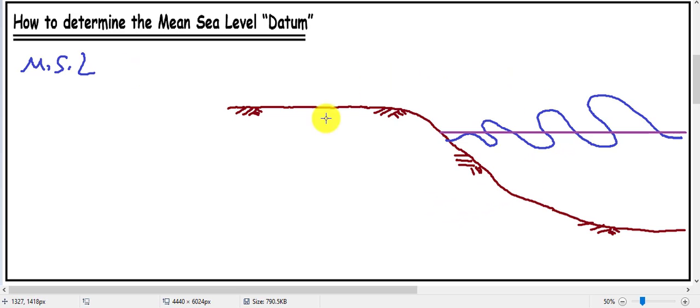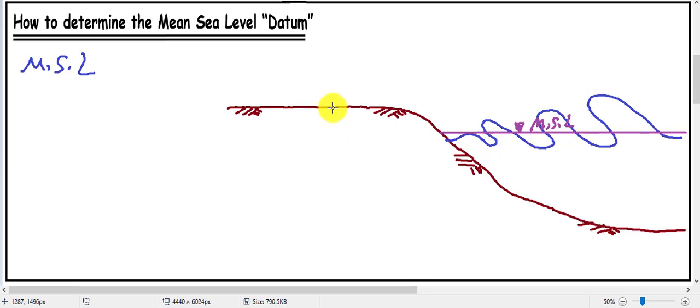For example, this is the Alexandria harbor and this is the sea level. We want to measure the mean sea level. This surface is the mean sea level. How to measure the mean sea level without the effect of the waves?